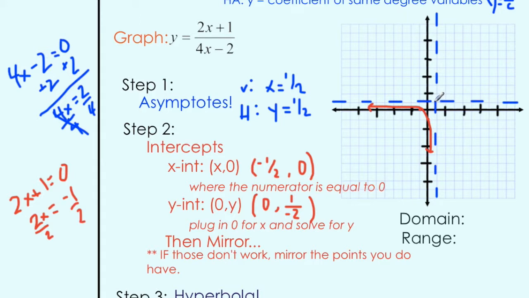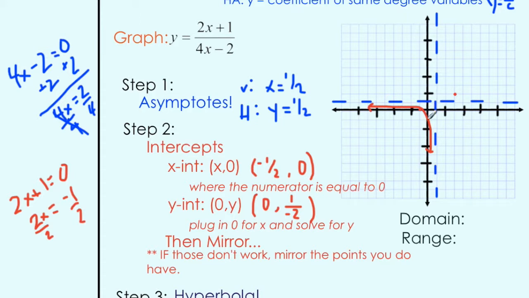So I'm going to go over here, and I'm going to go up half a unit instead of going down, and over 1 whole. So that should mirror it over there. Same thing here. I'm over half and down 1 from the intersection of the asymptotes.